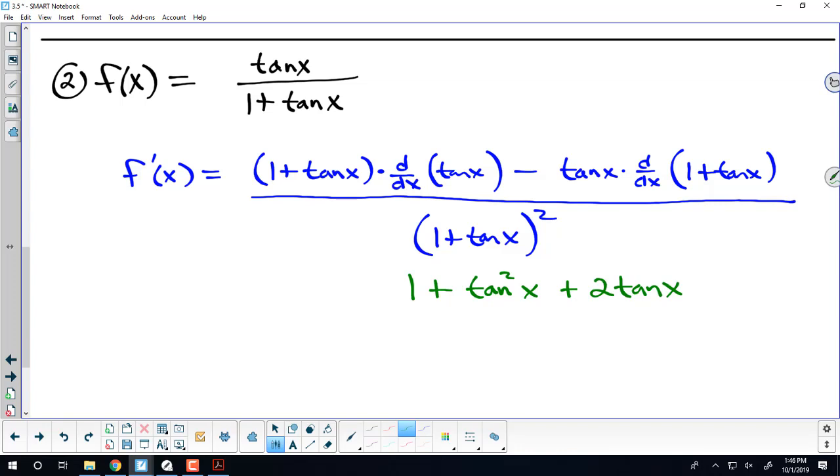No, the Pythagorean identity is for 1 plus tangent squared, not 1 plus tangent quantity squared. So we're going to just leave the denominator as it is. So this is the one here on the left that's secant squared. This one, who knows? Maybe we could say that's secant squared plus 2 tangent, but that's about it.